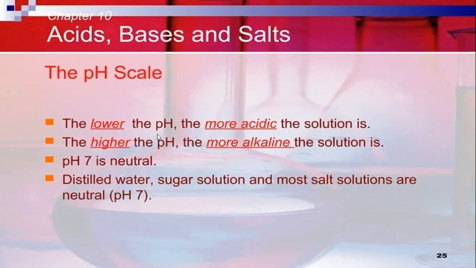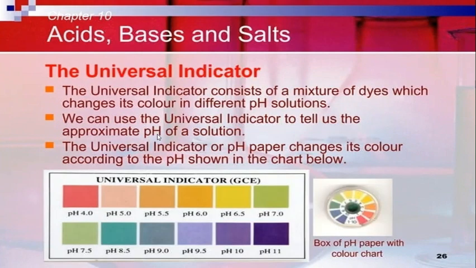So between 1 and 6 is within the acidic range. pH 7 is neutral, and if it's higher than that, it is more alkaline. If it's below pH 7, from 6 to 1, it's more acidic. Distilled water, sugar solution, and most salt solutions are neutral, or pH 7.